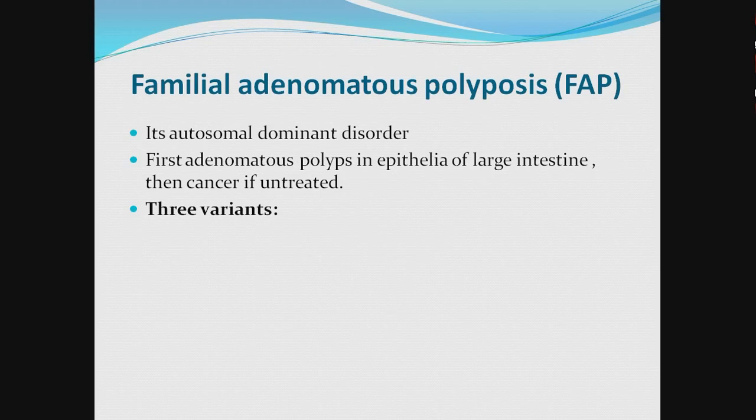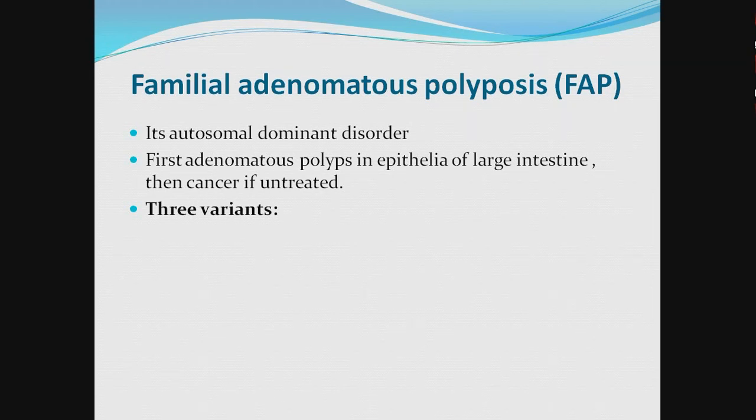Let me start with the first type, polyposis, which contains two types: familial adenomatous polyposis and attenuated FAP. So what is familial adenomatous polyposis? The origin of this type of polyposis is an autosomal dominant disorder.